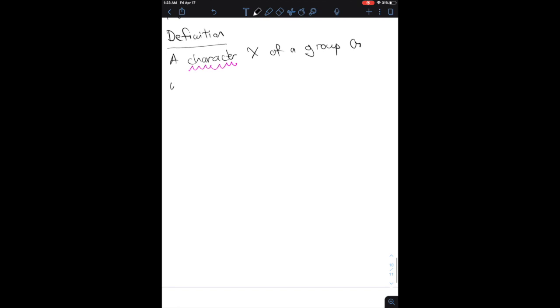So a character chi of a group G with values in a field K is defined to be a group homomorphism from G to K star, considered as a group under multiplication.